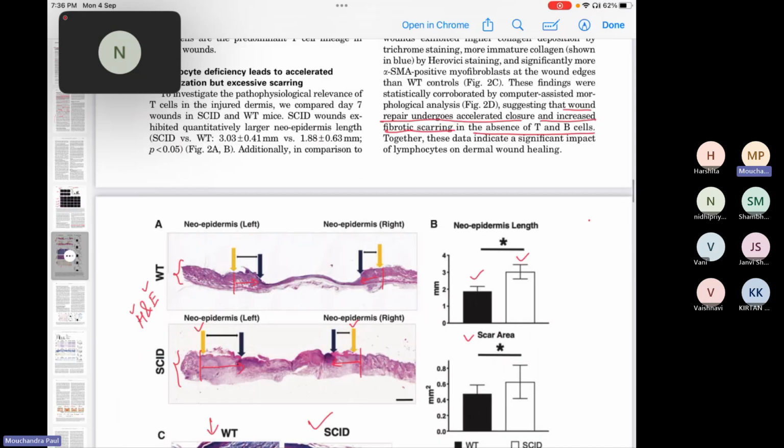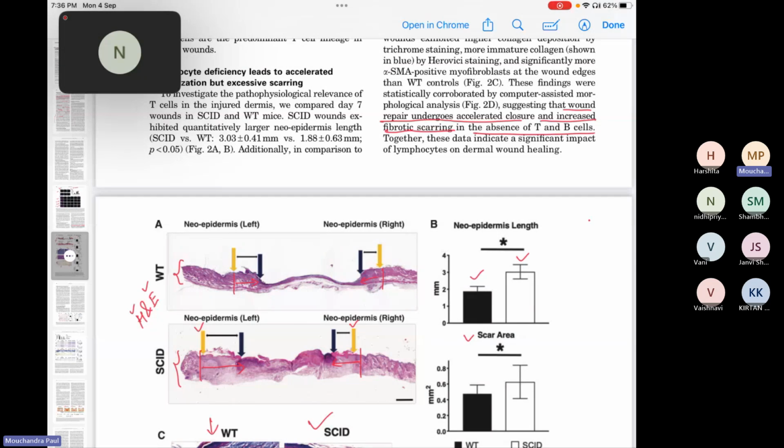In the epithelialization process, you can see the length of the newly formed epidermis is higher. So epithelialization is more in SCID mice. That is, wound closure is accelerated. It is happening fast. It is happening properly.